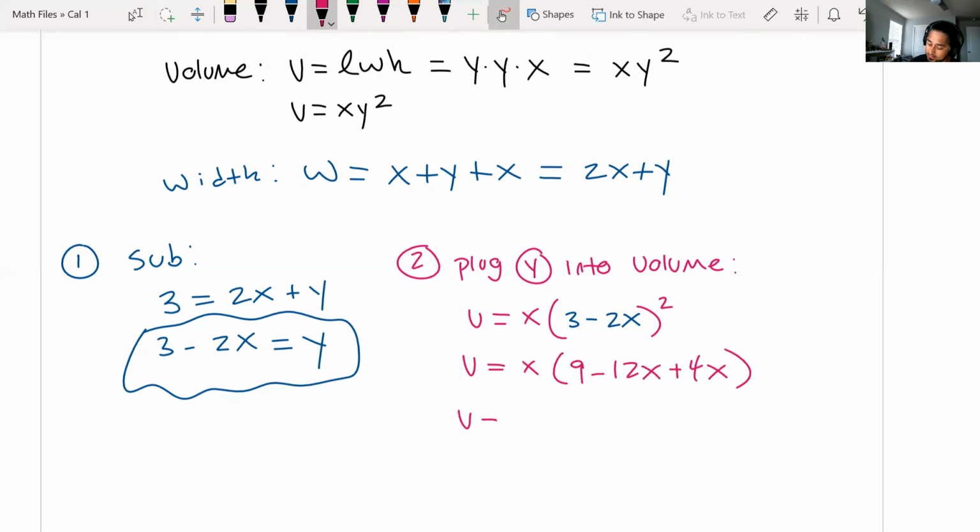Distribute that x, and you'll get 9x minus 12x squared plus 4x cubed. Okay, so there's our volume formula, all in terms of x, which means we are now ready to maximize.